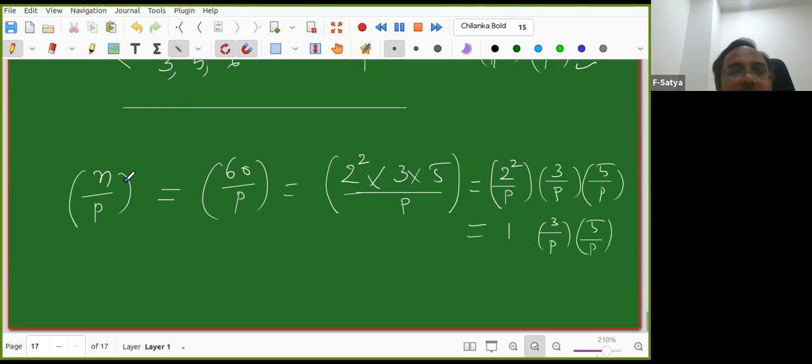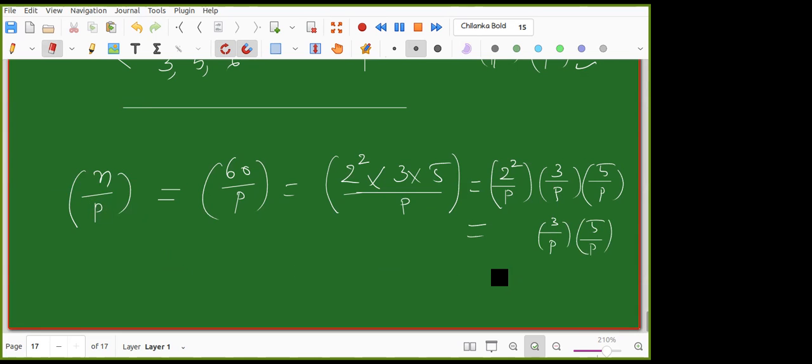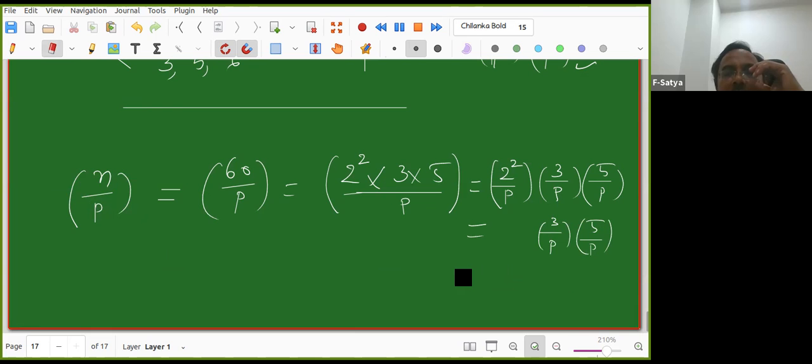So what is it that you are understanding now? Can somebody say something now? So in order to compute n by p, what do I need to know? Prime factorization of n. Now one more thing, is it a multiplicative function? Is it a completely multiplicative function? Look at that.